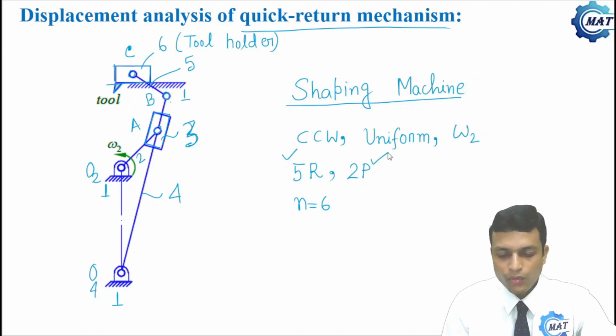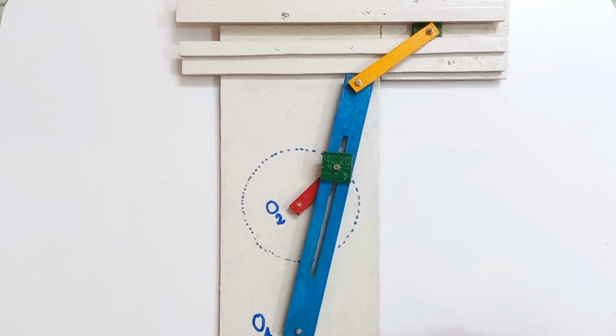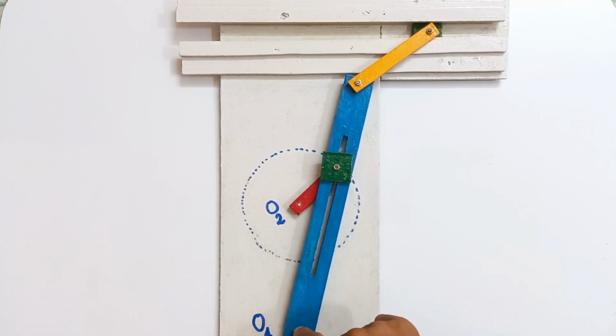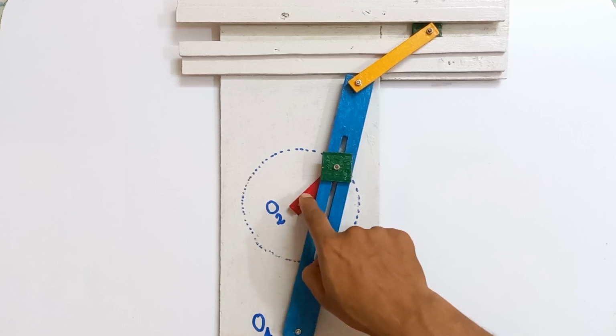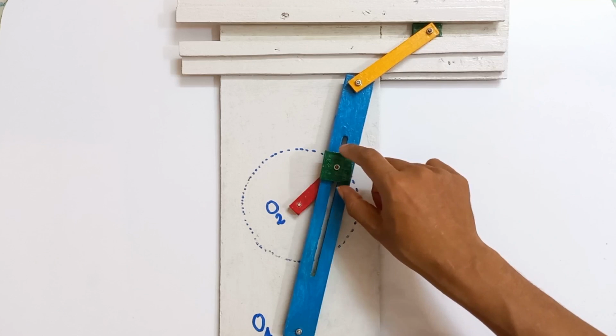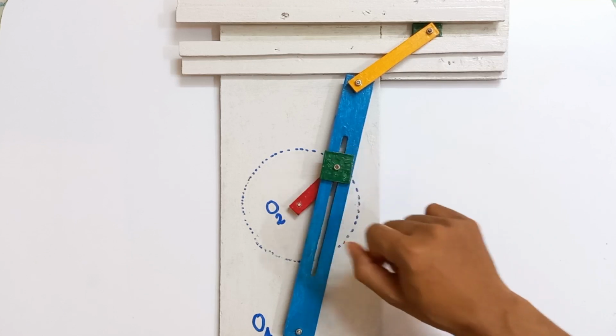Now let me show you a model of quick return mechanism. This is a model of quick return mechanism. O2, O4 is the fixed link. Now this red link is the crank or bull gear. This green color link is the slider.